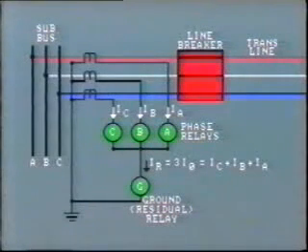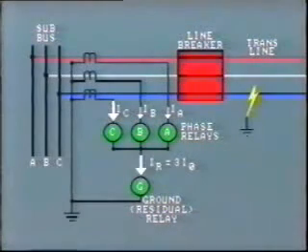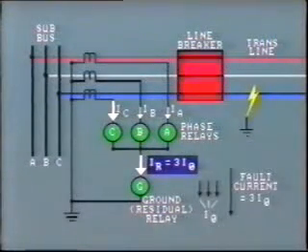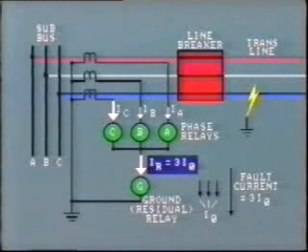Normally, it is very close to zero. But when a line-to-ground fault occurs, this current becomes very large. You will often see the residual current expressed as 3I0. Remember, the magnitude of current for a single line-to-ground fault is just 3 times its zero sequence component.